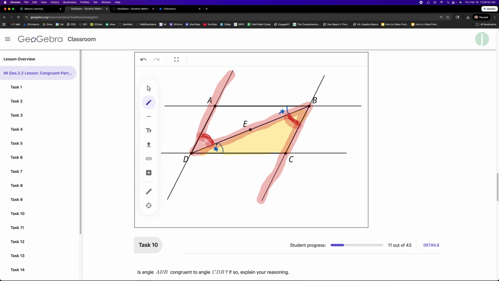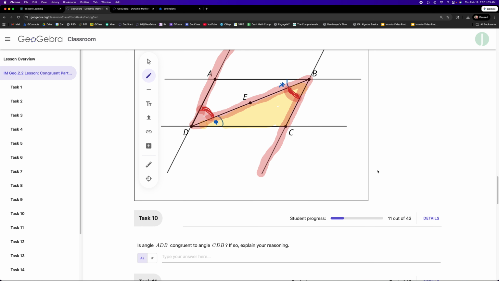This corner is going to rotate around and end up there. This corner is going to rotate around and end up down there. Okay? So they are not corresponding angles.